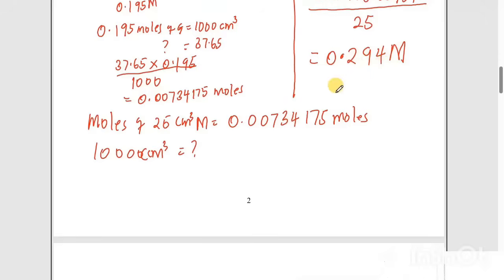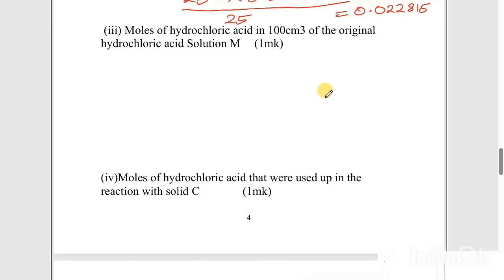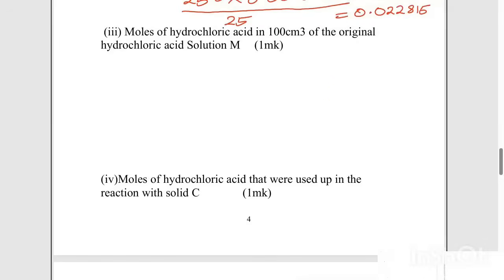So you come here, we know that the molarity of M was 0.294, capital M. So this is the number of moles in a liter.